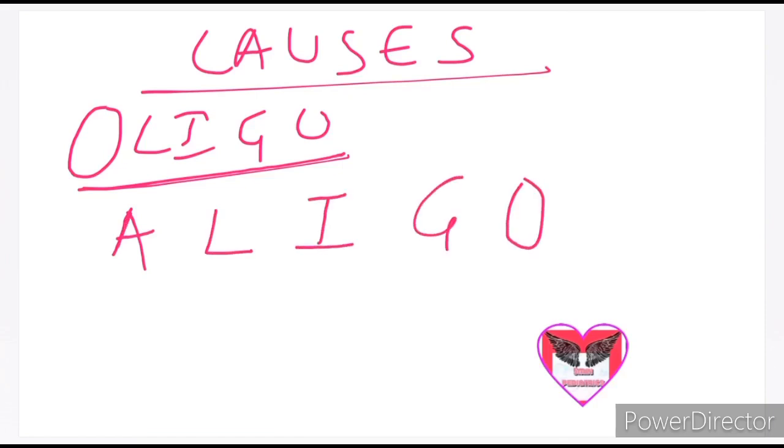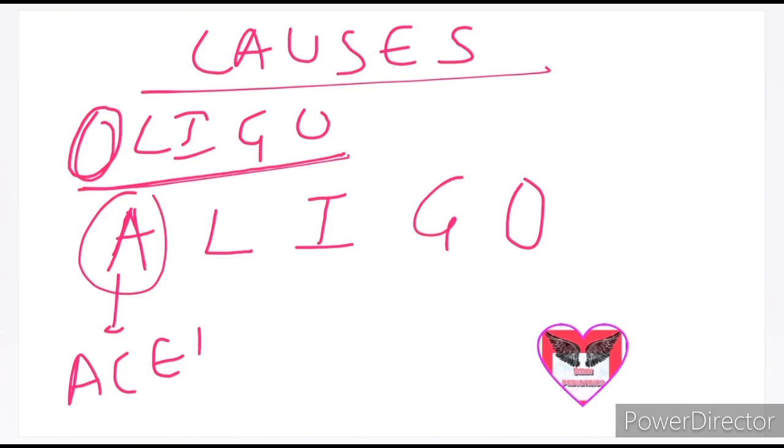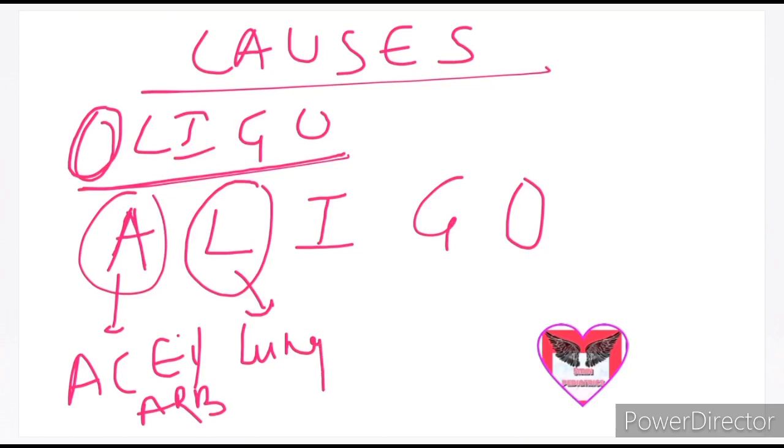Okay, ALIGO. A for ACE inhibitor or ARB inhibitor. Here L we have lung hypoplasia, as we can see in Potter's syndrome.